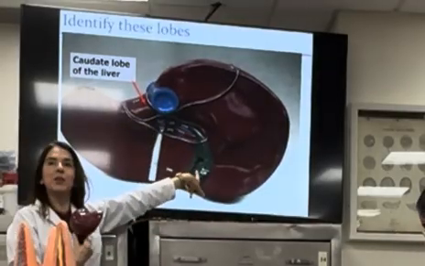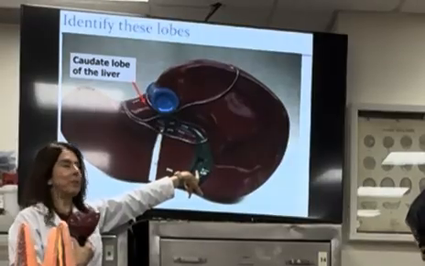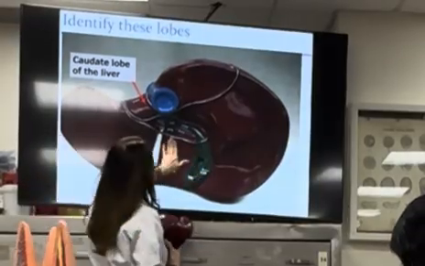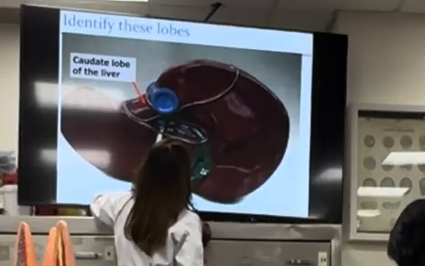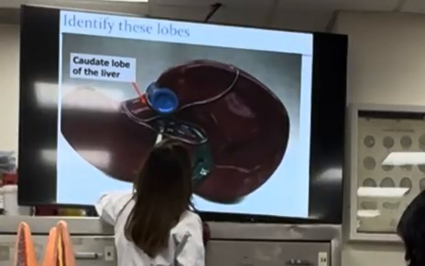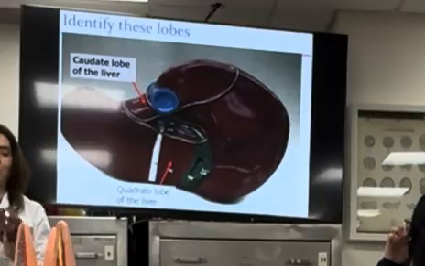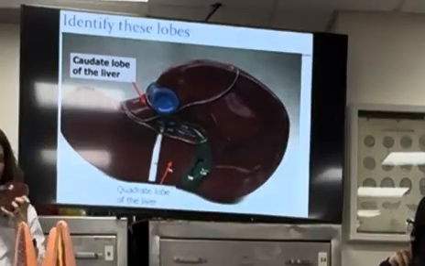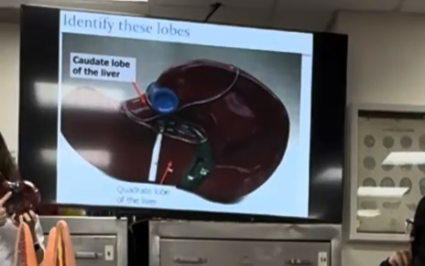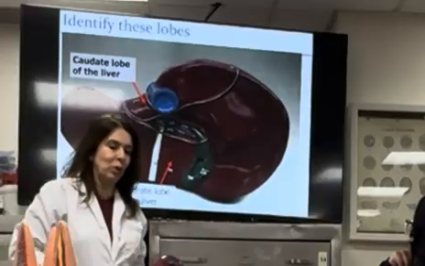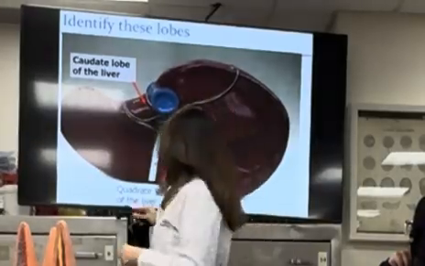And what is this structure? Gallbladder. You see that the lobe that is next to the gallbladder is kind of square. So that's called the quadrate lobe of the liver. This is the quadrate lobe, and this is the caudate. Those are the 4 lobes of the liver.